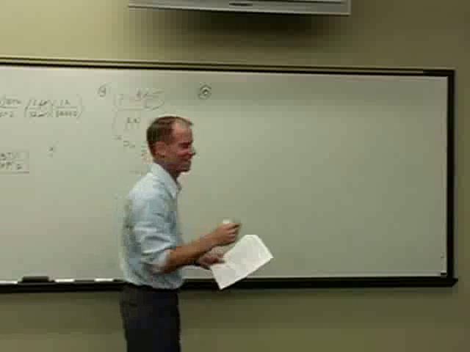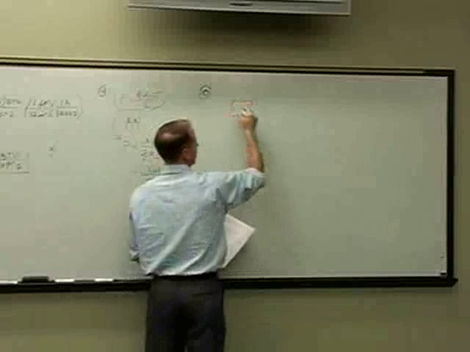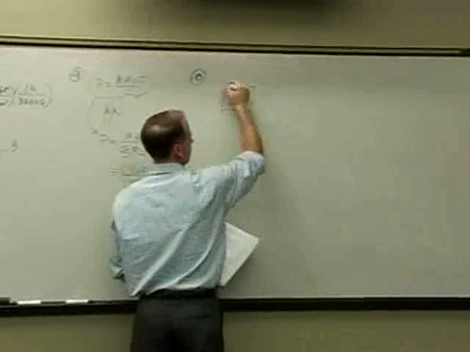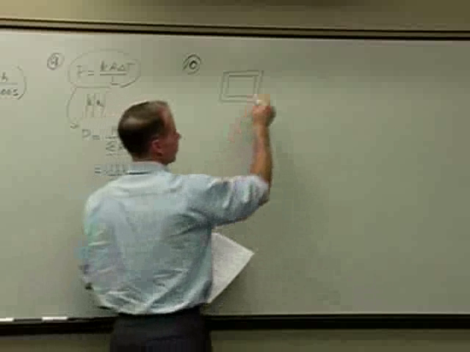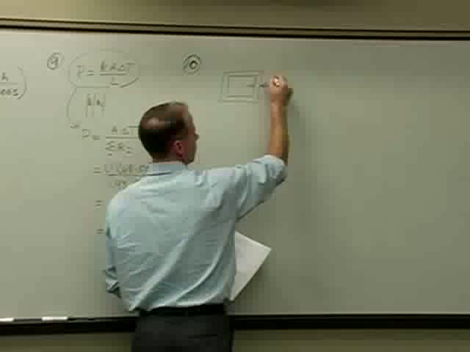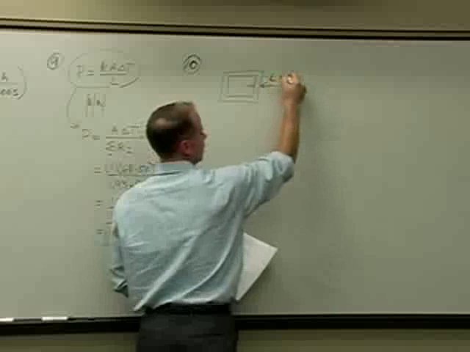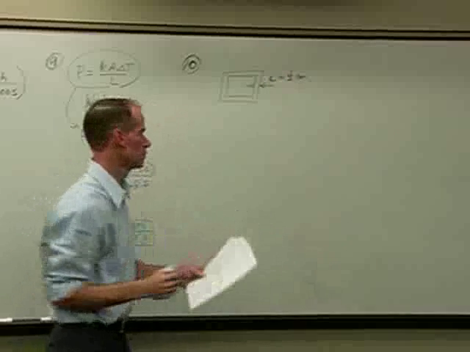But what we're going to do is enclose this coffee in a cube on all 6 sides. So we have a cube that's 1/2 centimeter thick. So the length we're talking about is 1/2 centimeter.